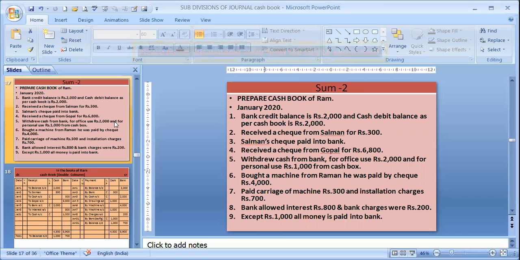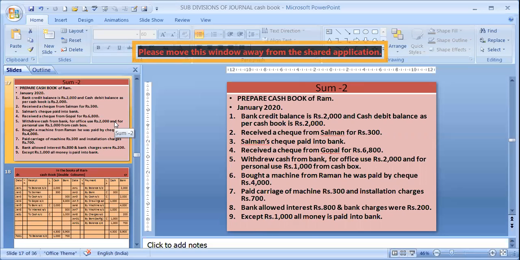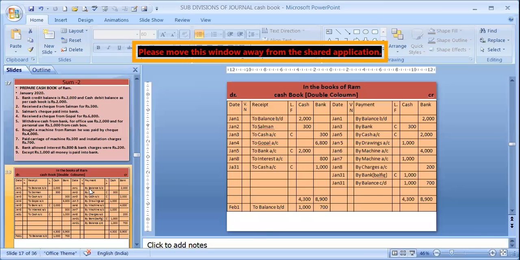Now, when check has been deposited the next day, then there is one more other type of treatment. If nothing would have been mentioned about Salman's check, then I would have treated it in the bank column only.